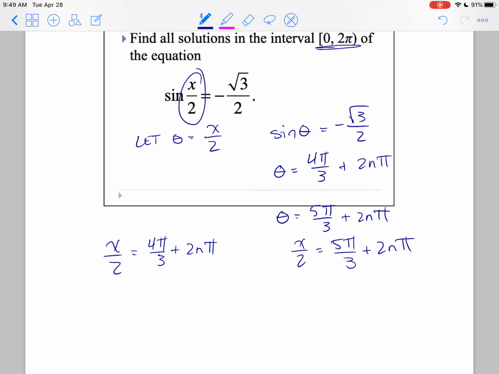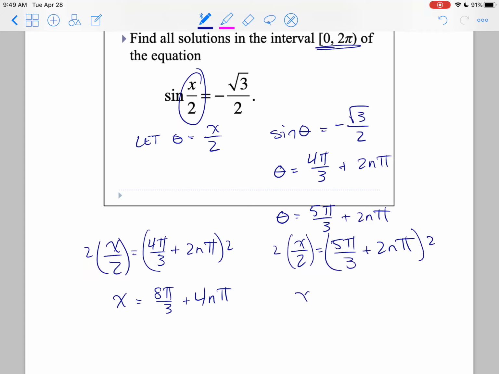Now if I'm looking for x, I'm going to multiply both sides of this equation by 2. So that gives me x equals 8 pi over 3 plus 4n pi. And over here we have 10 pi over 3 plus 4n pi.